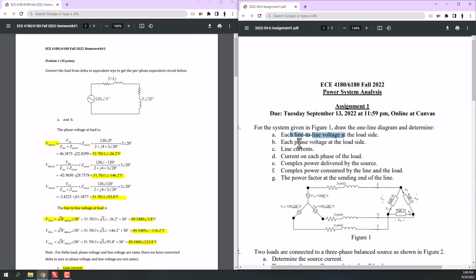Okay, for part B, we are asked to calculate phase voltage at the load side. The point is that in delta connection, the phase and line voltages are the same. But what we have calculated here is the voltage for this circuit, or in other words, if you remember, we had converted this load impedance into Y connection load impedance.